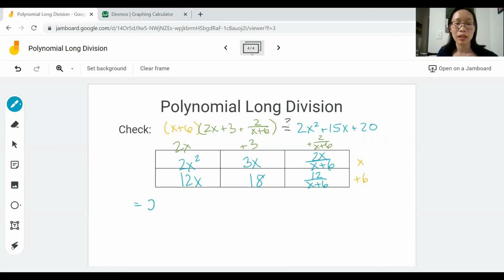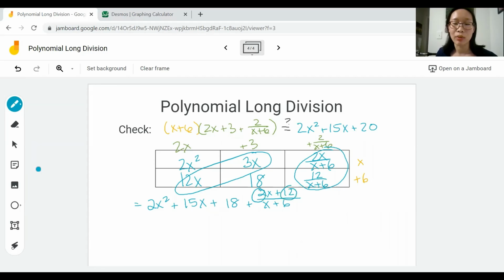I'm going to collect my like terms. 2x squared doesn't have any, but 12x and 3x are, and then my fractions are like terms. So 12x plus 3x gives me 15x, and then I have 18, and then because my fractions have the same denominator, I'm just going to rewrite all over 1, and I have 2x plus 12 on top. I notice that 2x and 12 are both even, so I can factor out a 2.